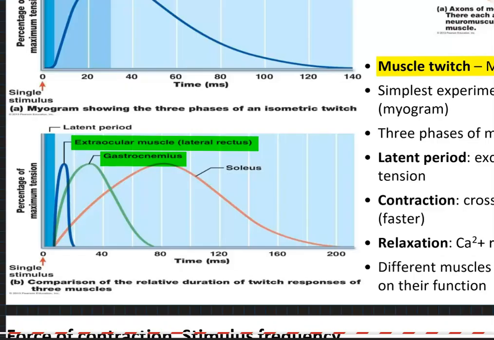Gastrocnemius, a muscle that forms your calves, is also pretty fast, for jumping. And then this is actually a very good example, soleus. Soleus muscle is the deep muscle of your lower leg, the dorsal aspect of it. It actually is next to gastrocnemius. But the main function of soleus is posture. Posture doesn't require a quick contraction, and you can see that the twitch of soleus is pretty slow.